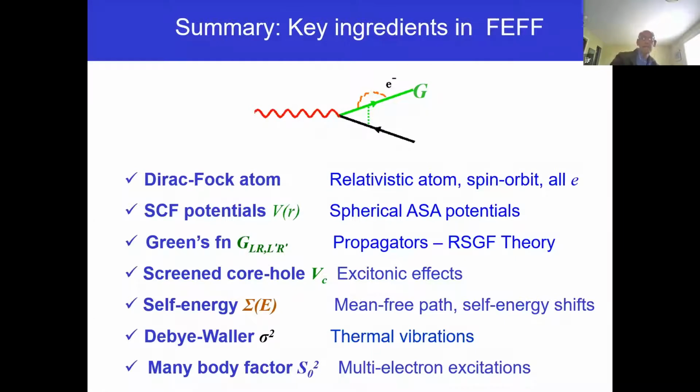Okay, in the end, we put these together in a code we call the FEFF code. F effective, this stands for the effective scattering amplitude in the theory. Basically we calculate this Feynman diagram. And you see what's happening is that the photon, or X-ray, comes in, it excites an electron in the deep core and creates the photoelectron.